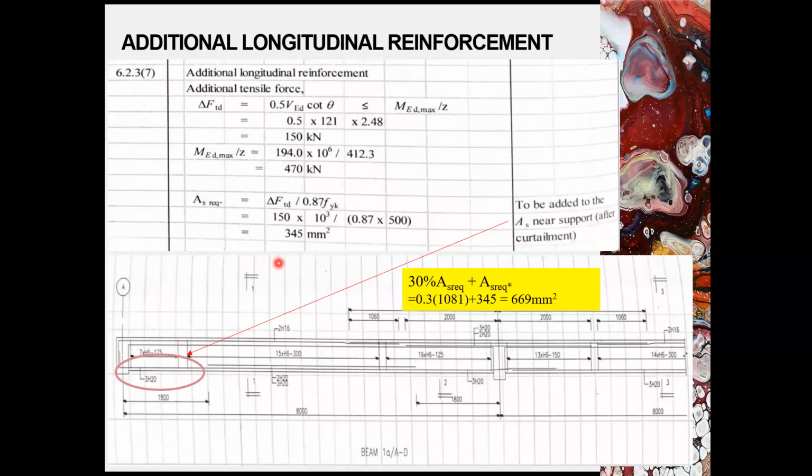So these 30% of As required need to plus the additional longitudinal reinforcement that you have calculated. In this case, you obtained 669 mm squared. So you need to make sure that the As provided 3H20 is greater than 669 mm squared.